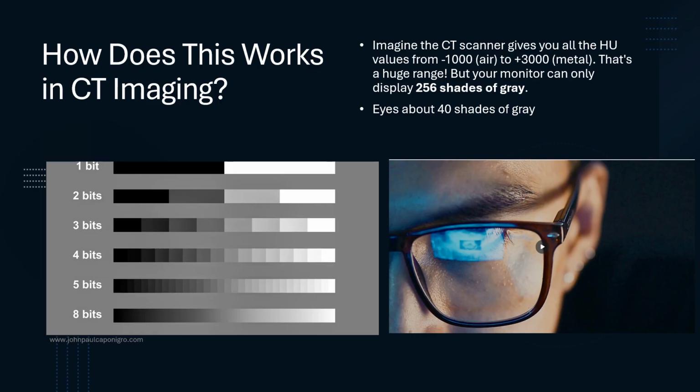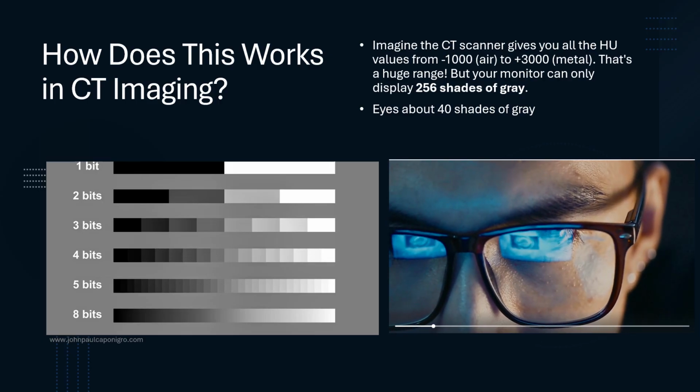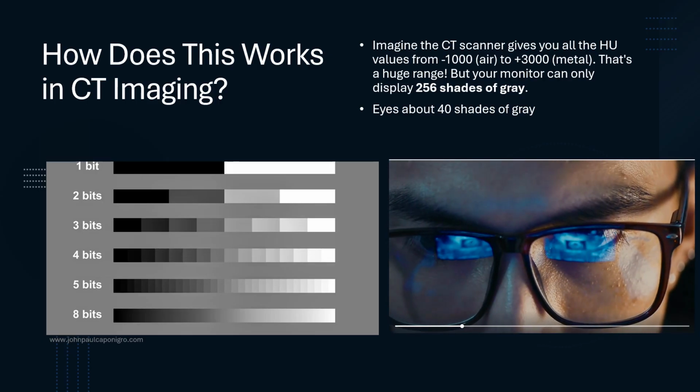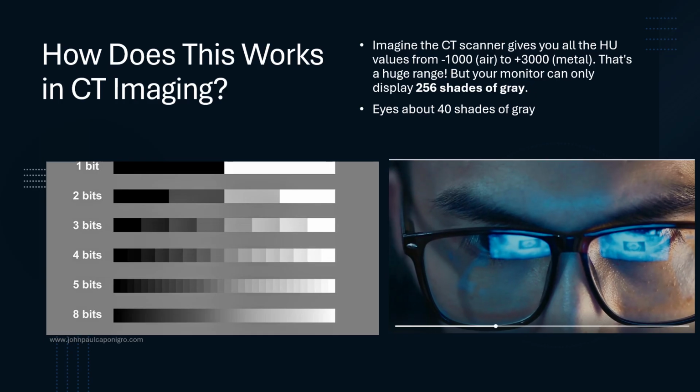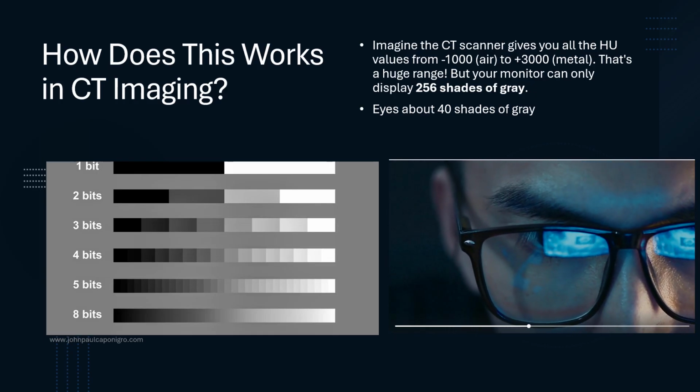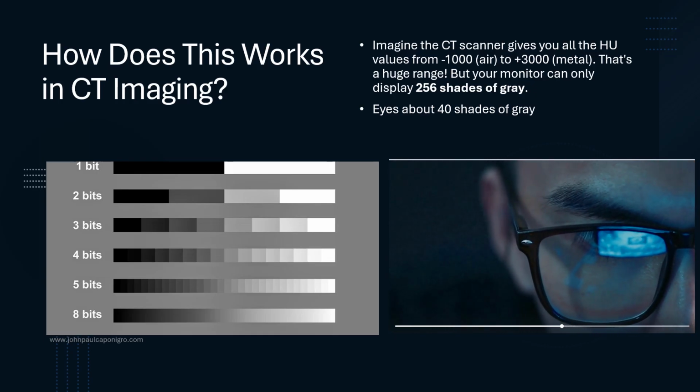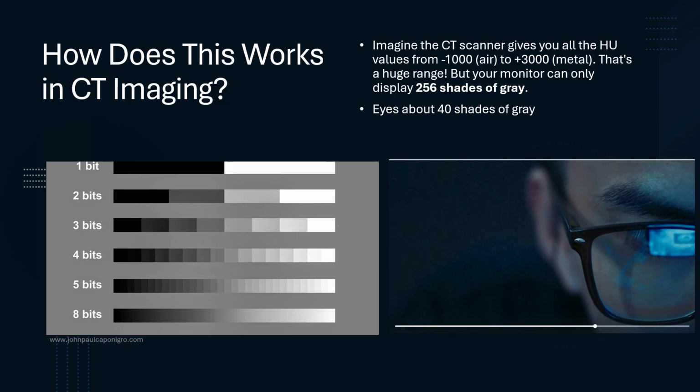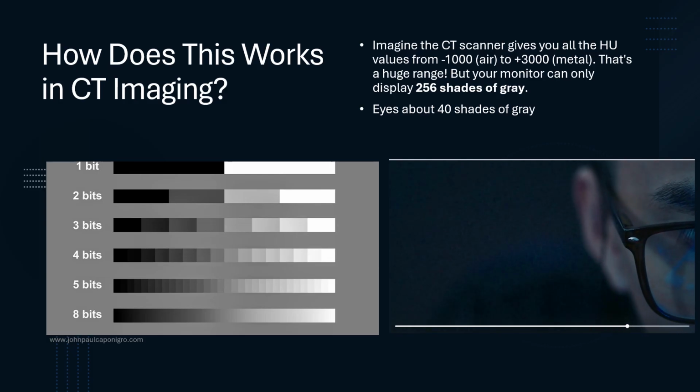That's a very huge number. This range is too wide for computer monitors, which can only display about 250 shades of gray, and our eyes can only tell apart about 40 shades of gray.